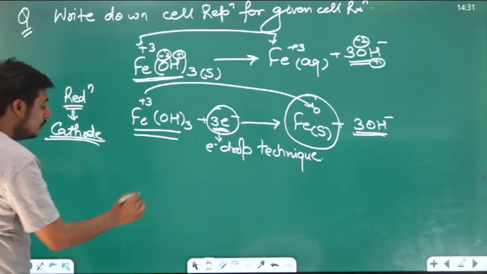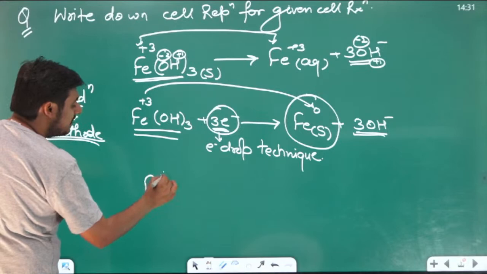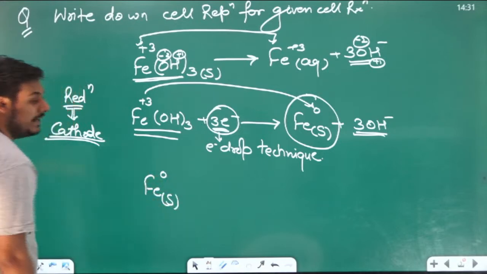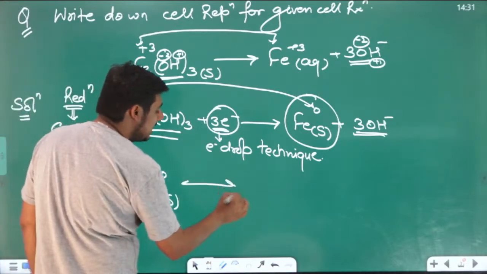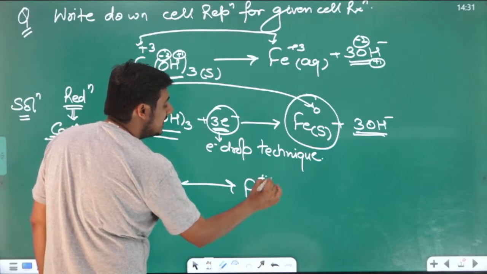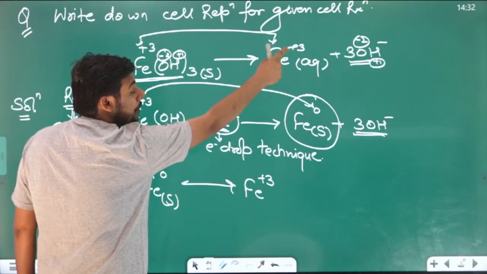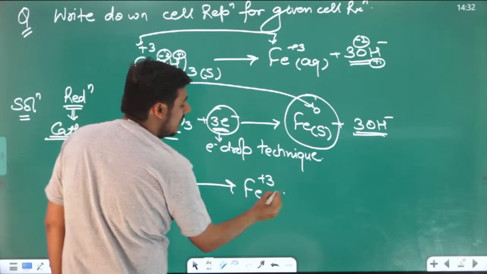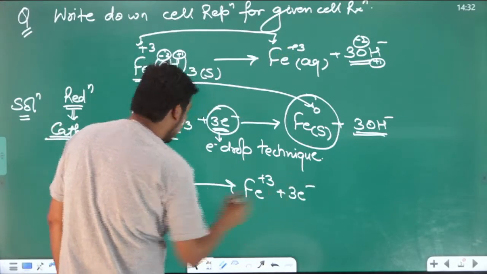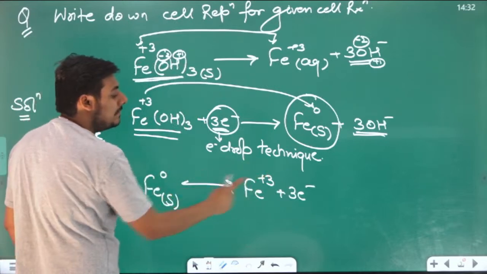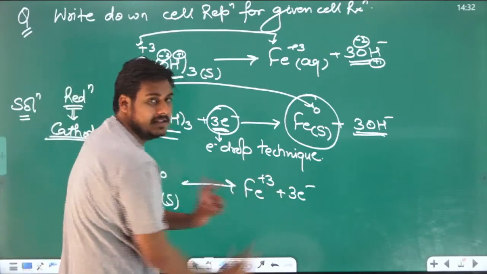So what I will do, I will take this Fe in zero oxidation state, solid, and try to oxidize it till that ion which is one of the products in the given cell reaction. If I have to oxidize Fe0 to Fe3+, that means Fe will undergo loss of 3 electrons.